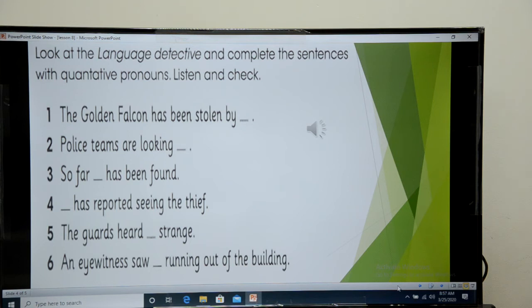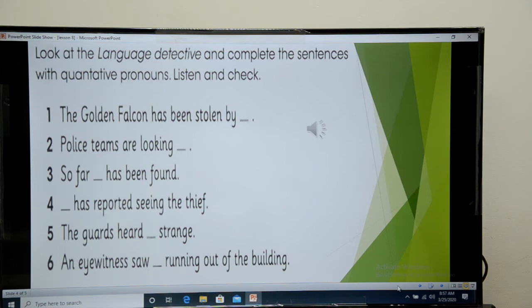The golden falcon has been stolen by somebody, maybe by someone, maybe also. Number 2, police teams are looking, looking what? Yeah, looking everywhere. Looking in all places. So everywhere.